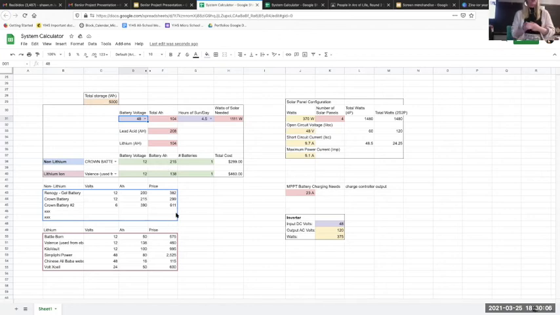When it comes to batteries, there are different ways to put them together and get what you need. This calculator shows more about price.